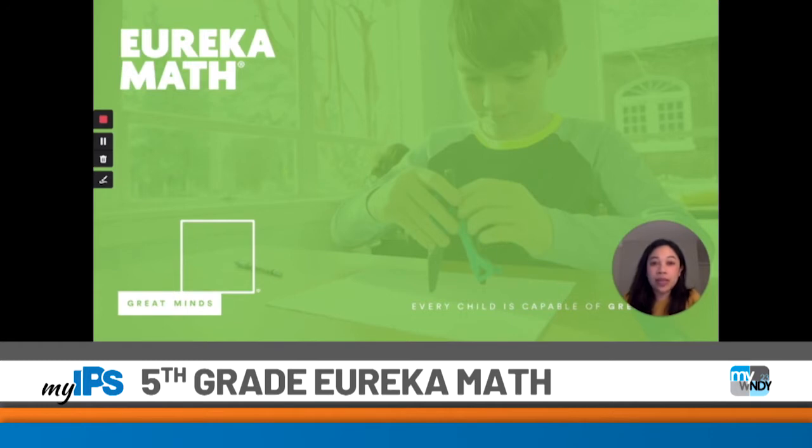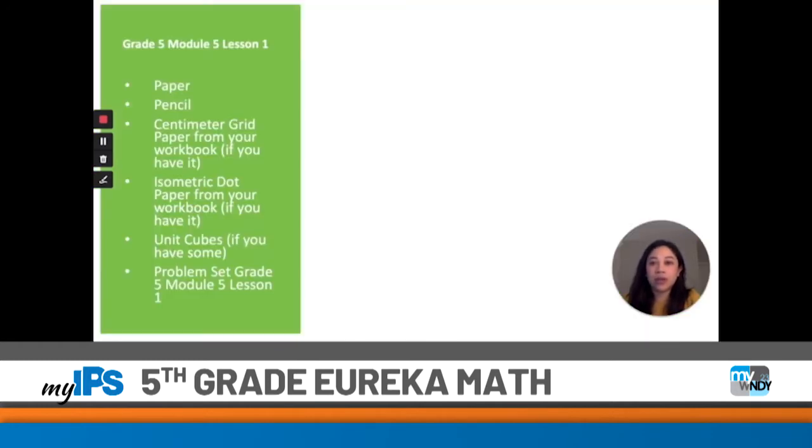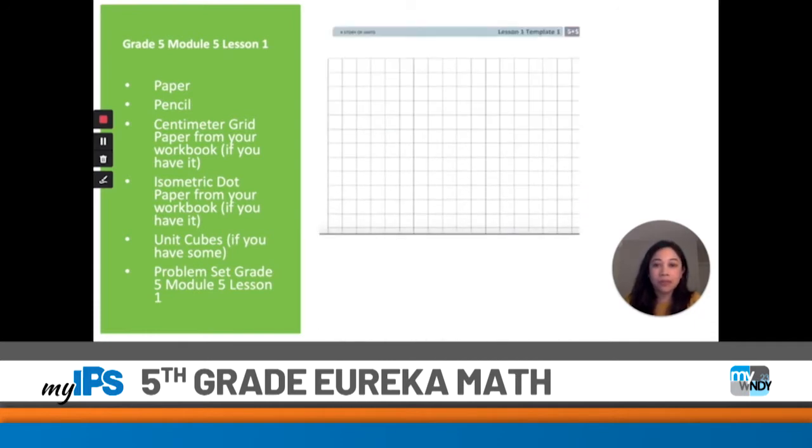Now for this lesson, I'll be using quite a few materials. I'm going to have with me some paper and some pencils. I'll also have centimeter grid paper, and this is one that you can find in your workbook if you have it. It looks just like this. And if you don't, worry not, you can just watch and learn along as I teach alongside this lesson. The other item that we'll be using is isometric dot paper, again also in your workbook, and again it's okay if you don't have it.